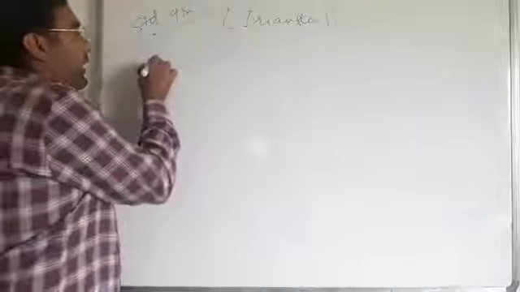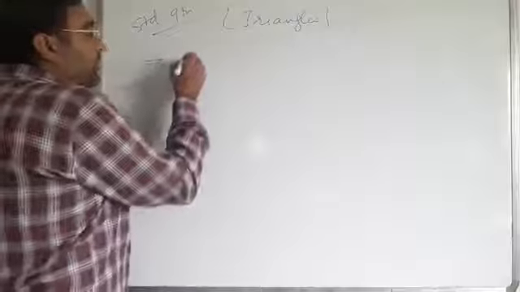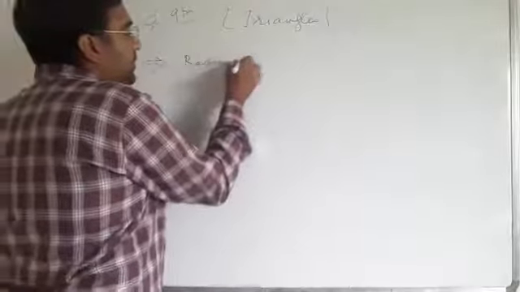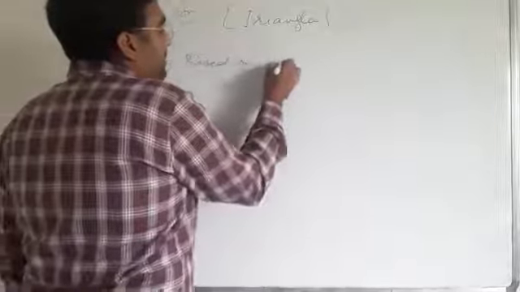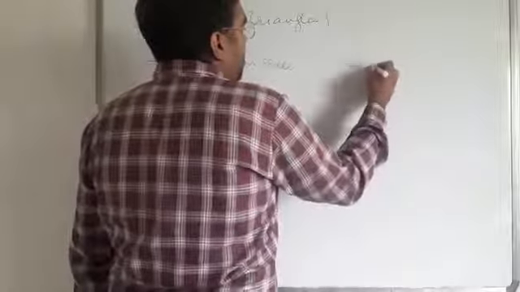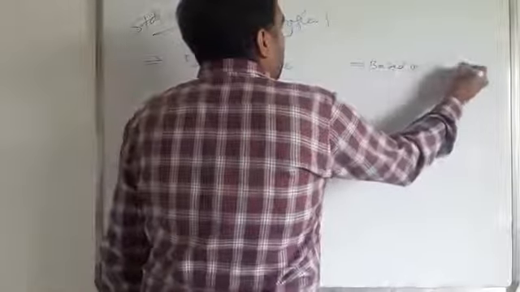First of all, we have to write here the types of triangles. One is based on the sides, and the second is based on angles.